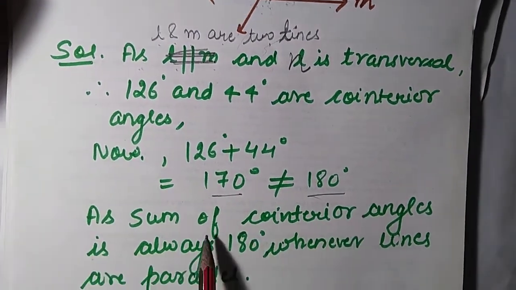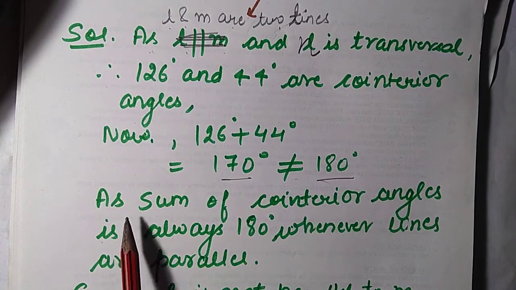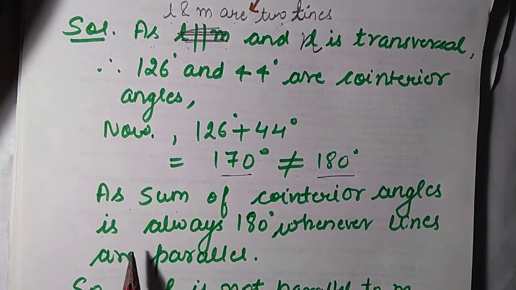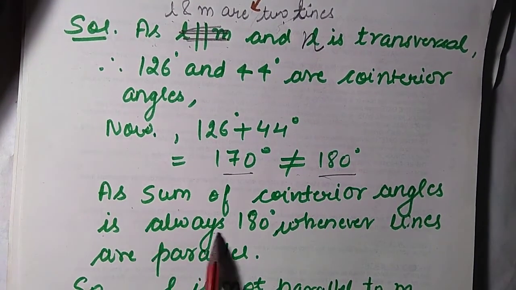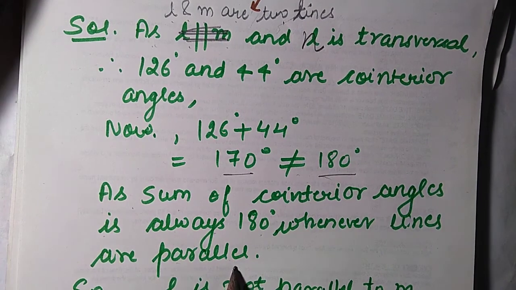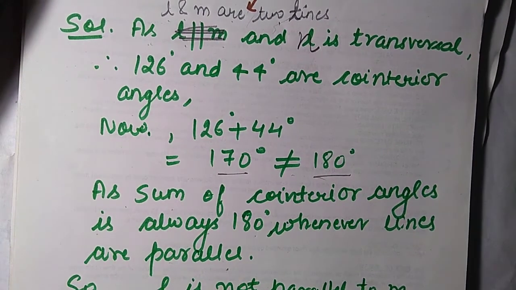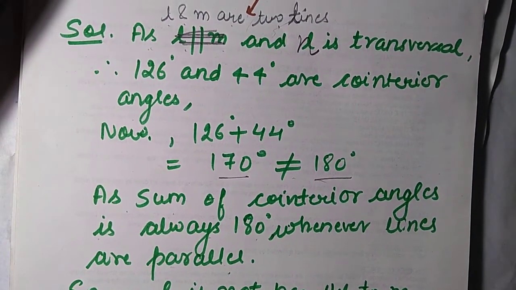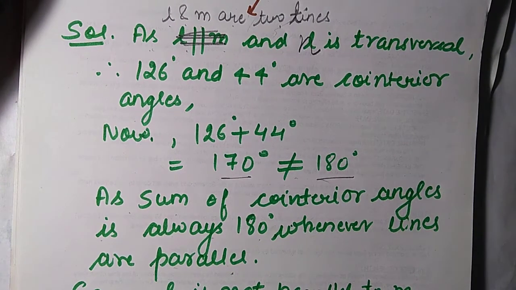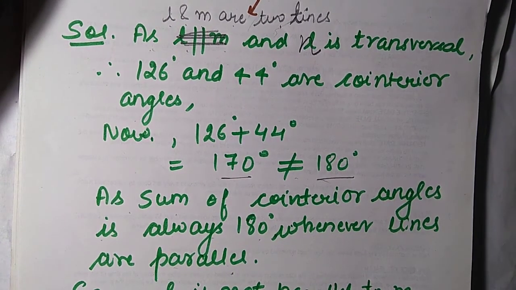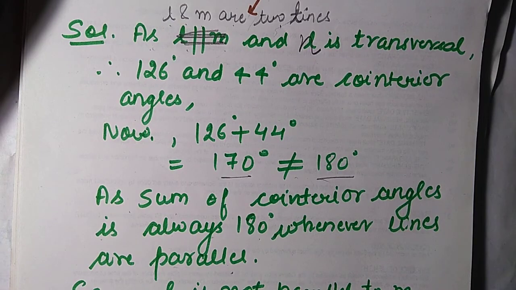So we come to know that the sum of co-interior angles is always 180 whenever the lines are parallel. This we have learned in the conditions of parallelism: whenever the lines are parallel, the sum of co-interior angles must be supplementary, and supplementary means 180 degree.